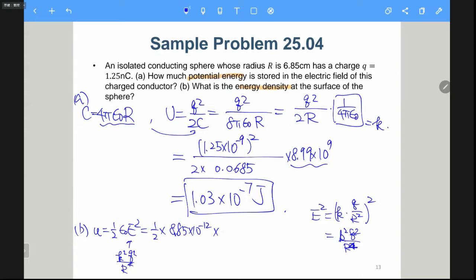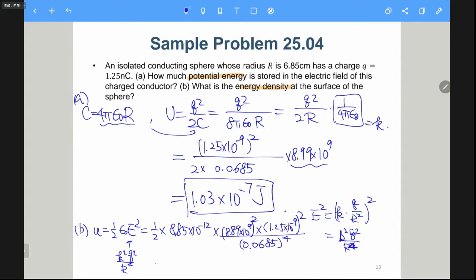So we have 8.99 times 10 to the 9th, squared, times 1.25 times 10 to the minus 9, squared, all over 0.0685 to the 4th power.